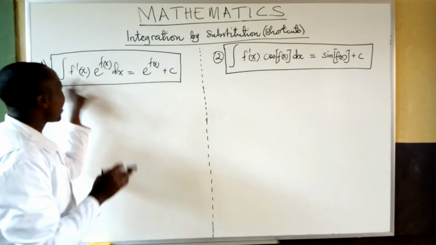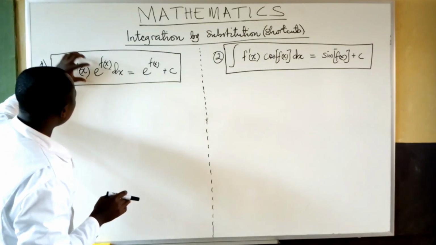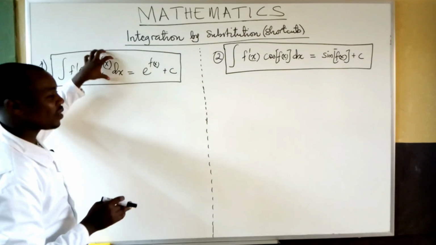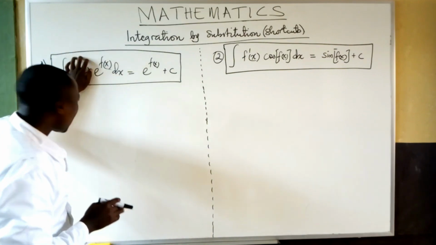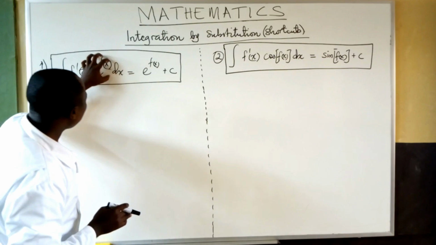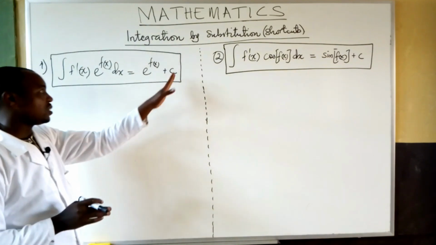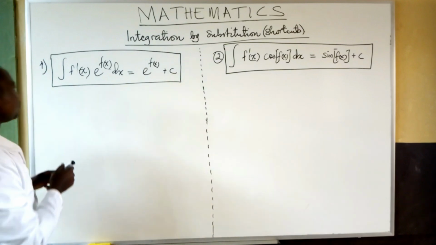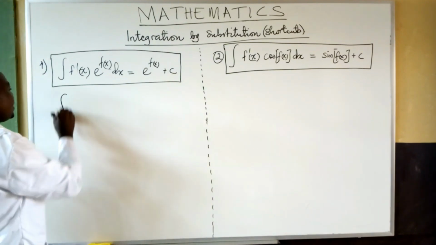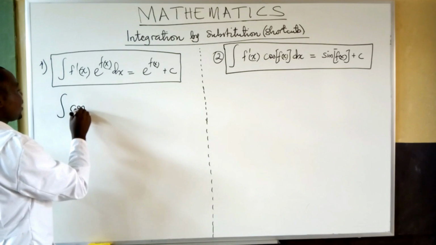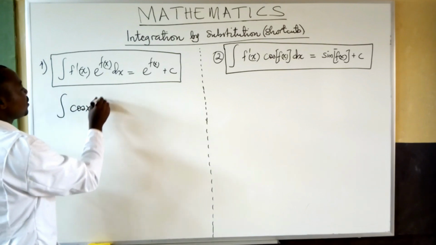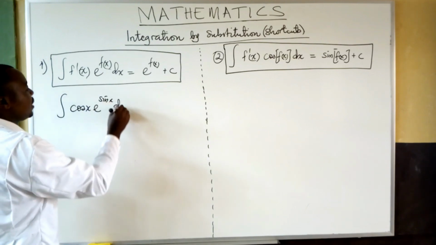So when you arrive there, notice that there is f prime of x multiplied by e to the f of x. Just ignore f prime of x and then copy e to the f of x as the answer, plus the constant of integration. Let us see an example. If I have integral of cos x e to the sine x dx.